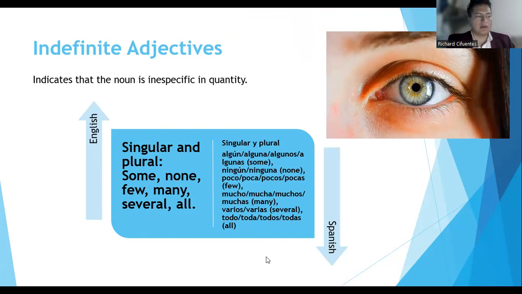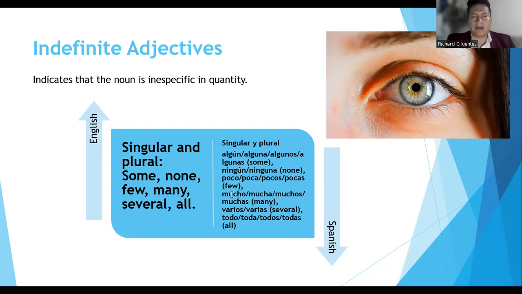For example, here I have one paper. Okay, now I have here some papers. I am not saying exactly how many, but my ideas are related to the intrinsic definition of what I understand about it, okay.